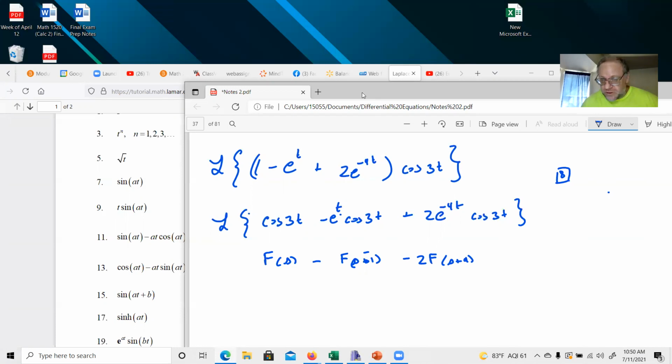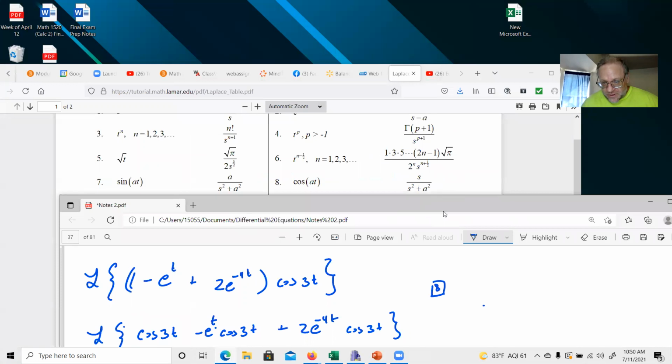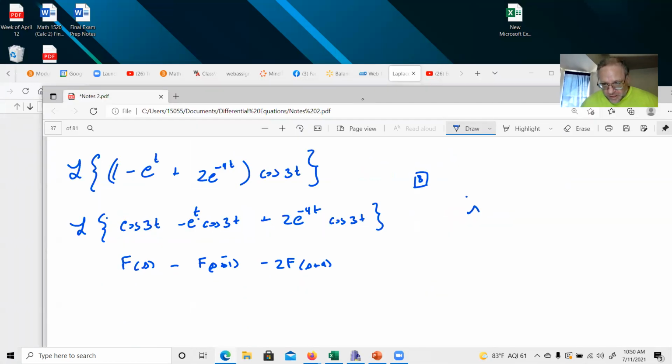Again, we'll do it just by the table in a moment, but my cosine is s over s squared plus a squared, where a is the coefficient there.